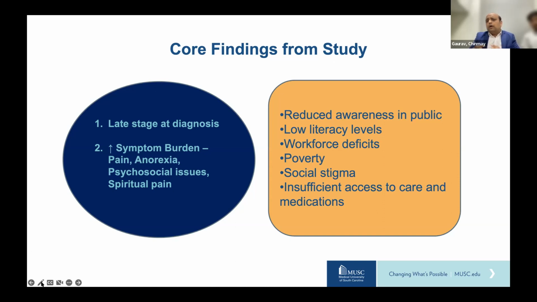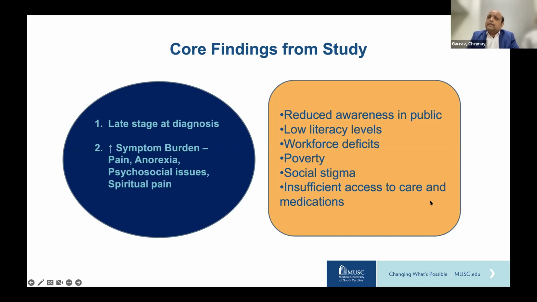Now, a few points that I felt were contributing to these were reduced awareness in the public, low literacy levels, and workforce deficits. There is a huge gap between the providers and the people who require their help. Then poverty, the financial toxicity that deters patients from coming to a hospital early in the stage, and the social stigma.